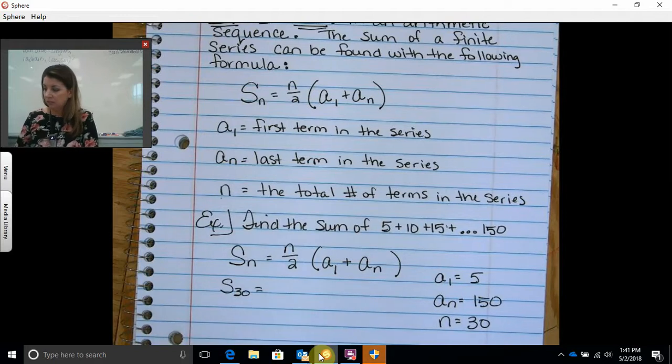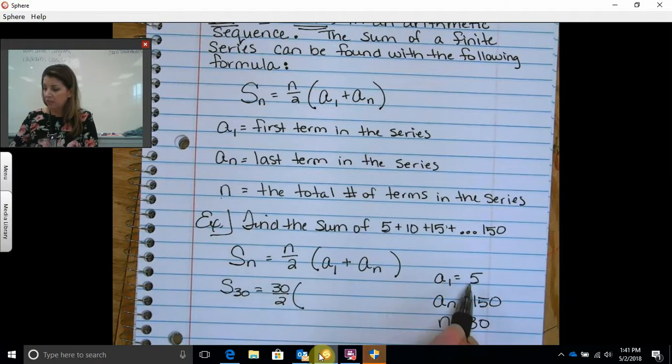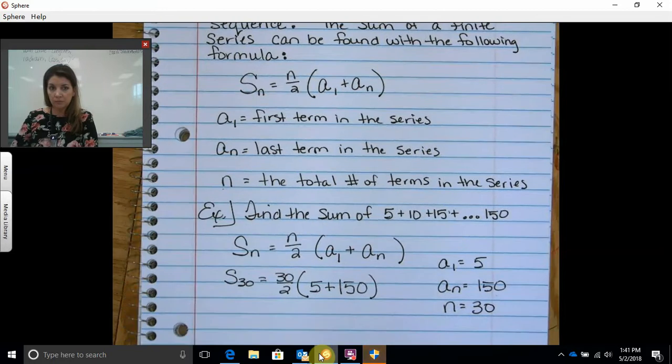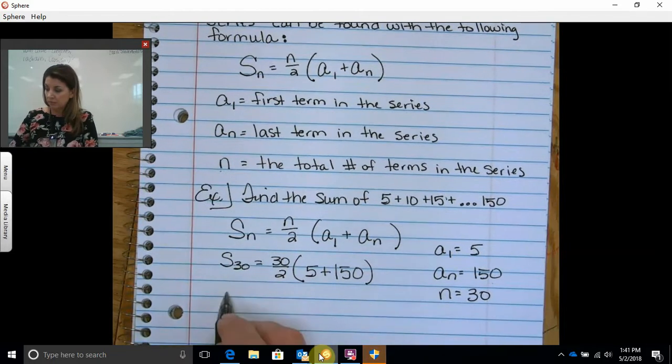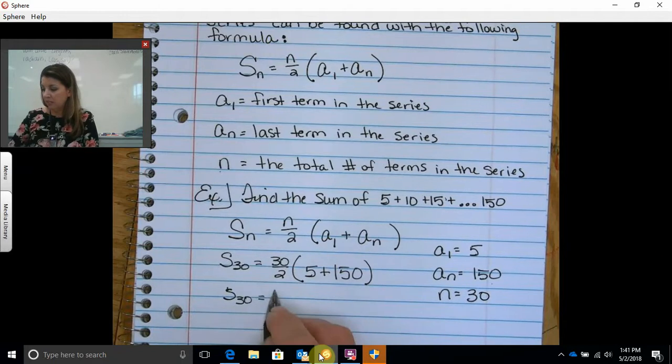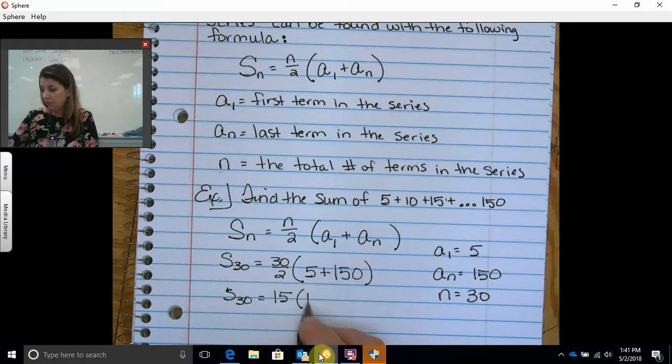So you take 30 terms, divide it by 2, times the first term in the sequence plus the last term of the sequence. So the sum of the first 30 terms of the sequence, that would be 15 times 5 plus 150 is 155.